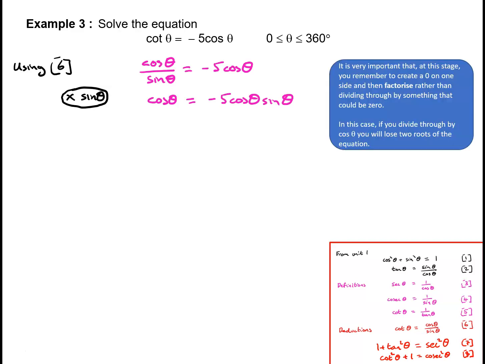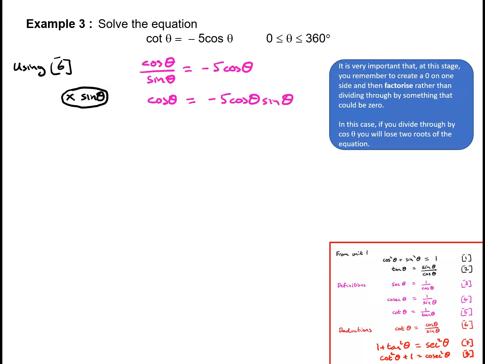Now it's really important at this stage that we remember that we mustn't cancel through by cos theta, because cos theta might itself be 0. So what we must do instead is create a 0 on one side of the equation and then factorise through by the common factor.